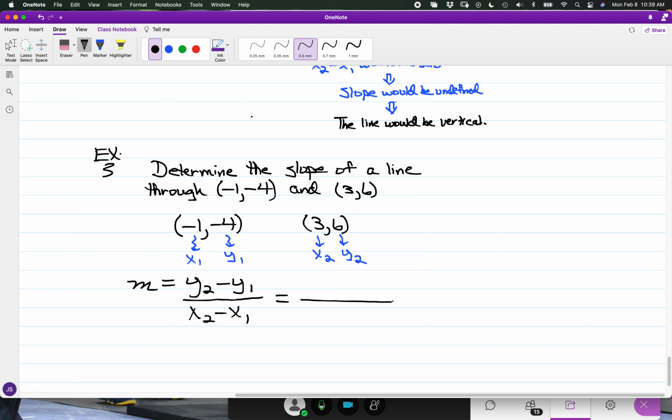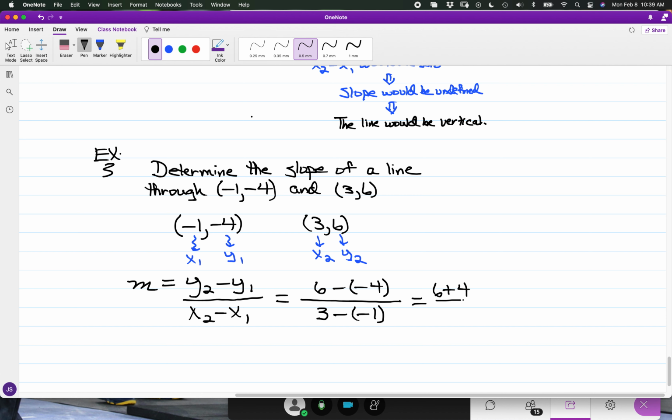And if I were to substitute accordingly, your y2 minus y1, we have y2 is 6, minus y1, and your y1 is -4, so you have a subtraction of a negative. Now for x2 minus x1, your second x we have at 3, minus the first x value, which we have at -1, so you have another subtraction of a negative.